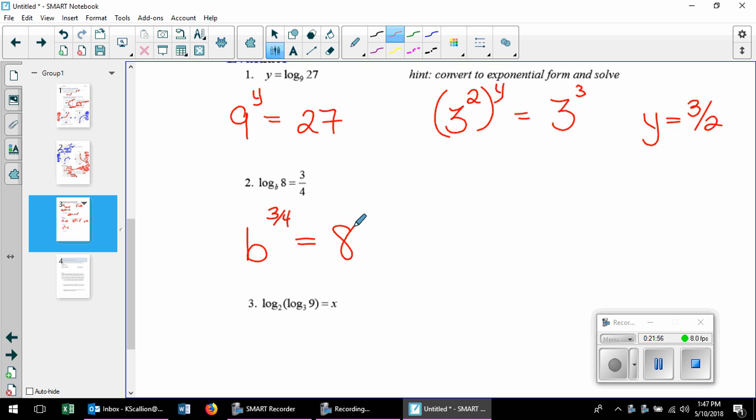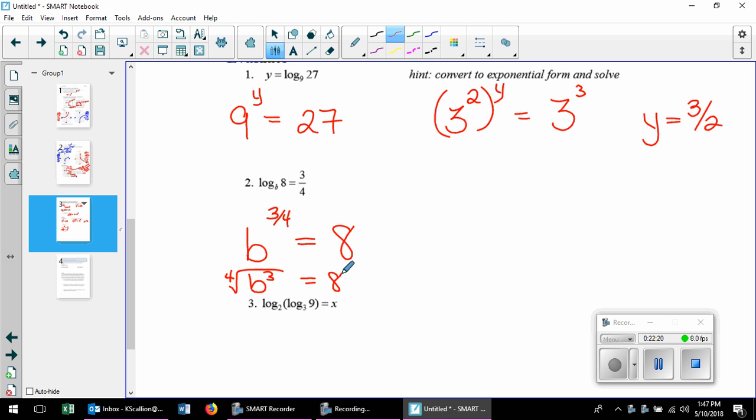These are tougher. Okay, so the whole point is I want a single b, right? I want b to the exponent 1. That's my goal. So what do I have to do to the exponent here to get rid of some stuff? So if I was to write this as a radical, this would be the 4th root times b cubed equals 8.